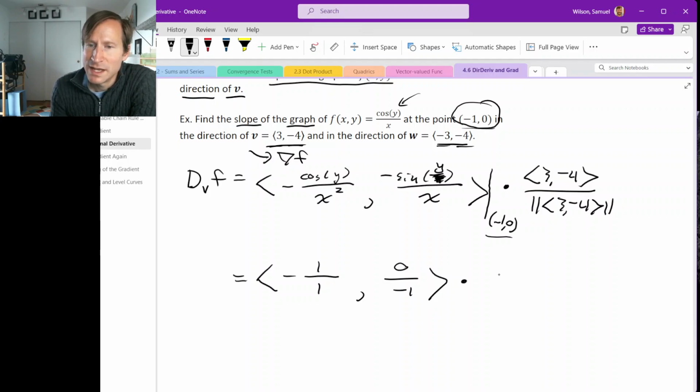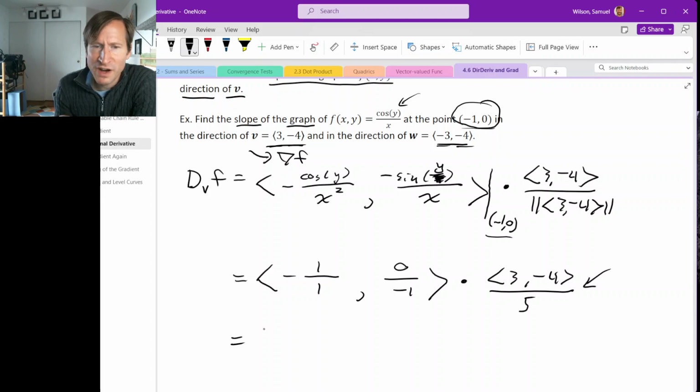And then this magnitude in the denominator is 5, I think. So we can pull this scalar multiple of 1 over 5 all the way out front and just do the dot product of minus 1, 0 dotted with 3, minus 4.